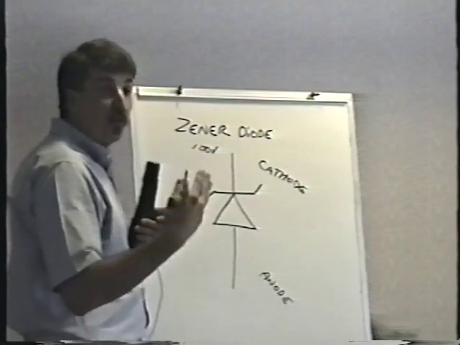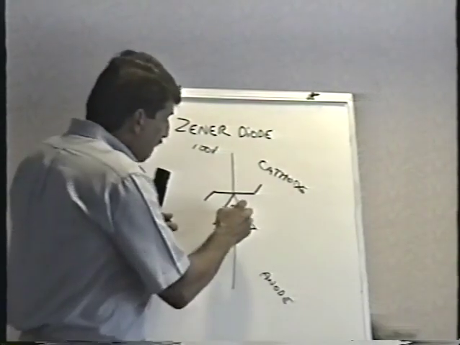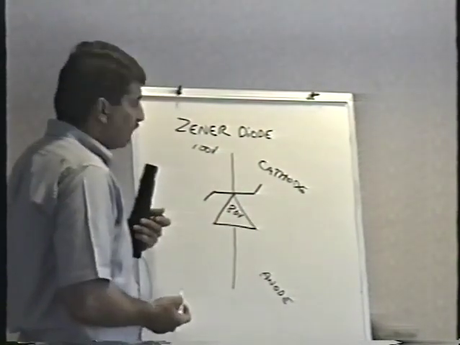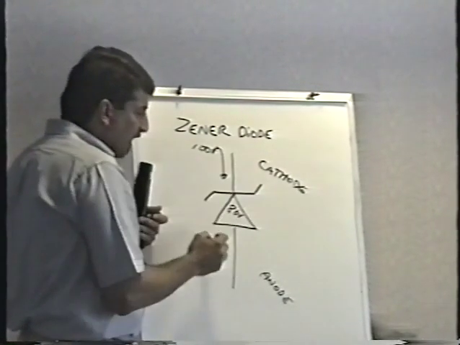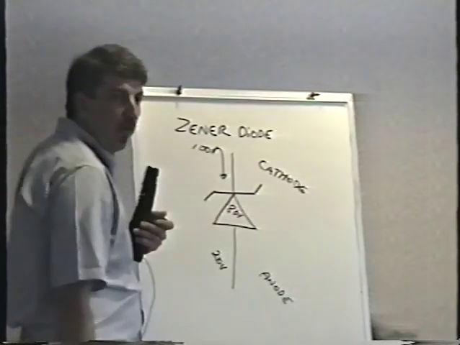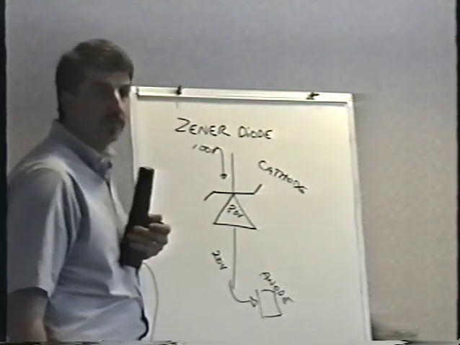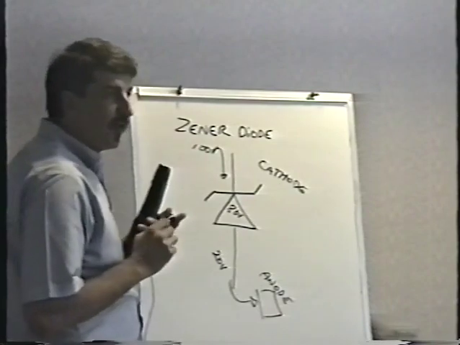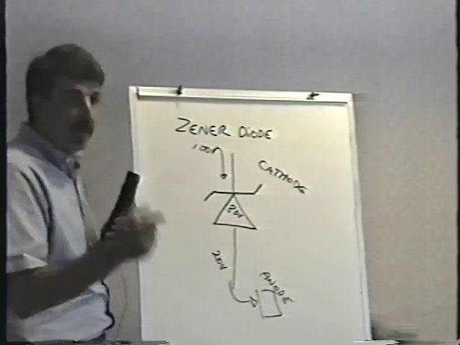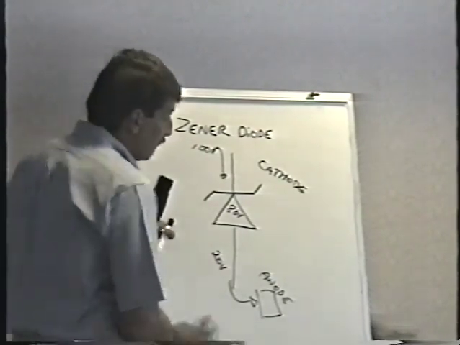Instead of making a separate 20-volt power supply, they might use an 80-volt Zener diode, run that 100 volts through it, and what would come out the other end is 20 volts. And then that would go to the other circuit that uses 20 volts. In other words, it would cut down a known amount of voltage. That's one way we can use it. That's not the most common way, though.